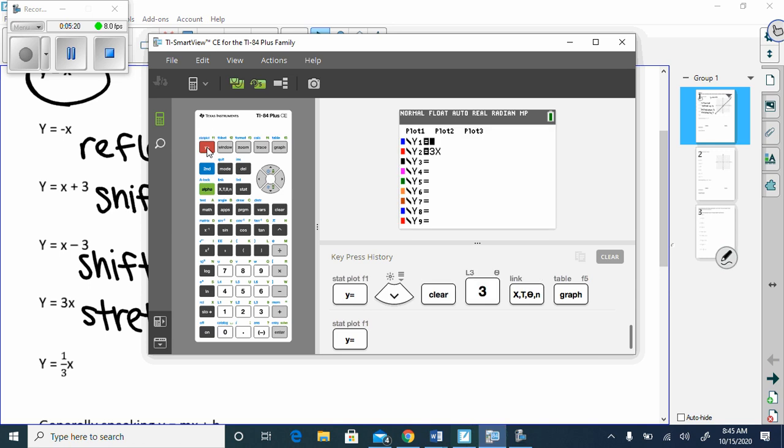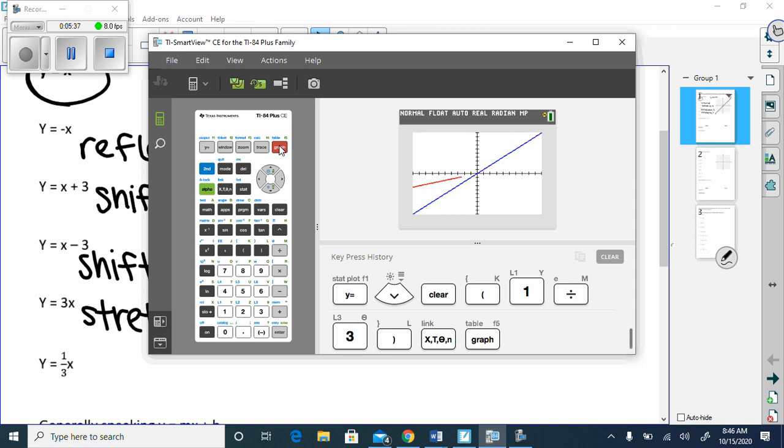The equation I'm comparing is 1/3 of x. If you're going to type this in your calculator, do make sure you either alpha y equals or put in the 1/3 in parentheses so that it doesn't accidentally put the x in the bottom. So what do I notice about the red one this time? What's the difference between the blue and the red?